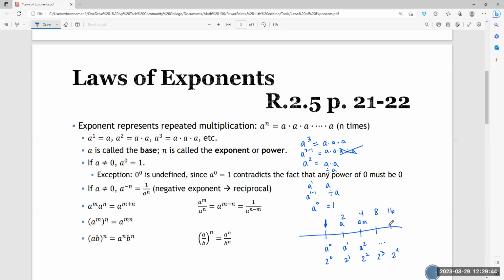So instead of counting by adding that value repeatedly, we're counting by multiplying that value repeatedly.